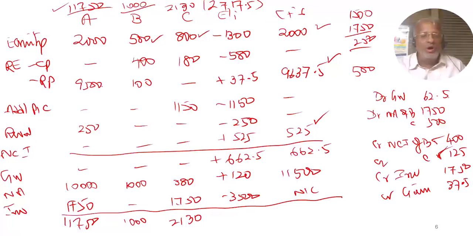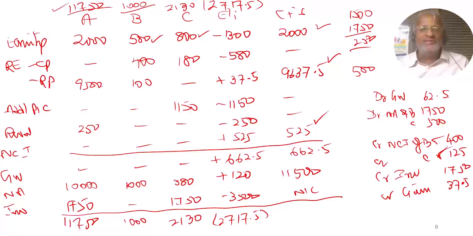Now on the asset side also, the elimination process should give us the same number. It is 662 positive plus 122 positive, then minus 3500, which gives you the same 2717.5 negative. So every column of the consolidation working, A, B, C and the elimination process, is getting the same number.